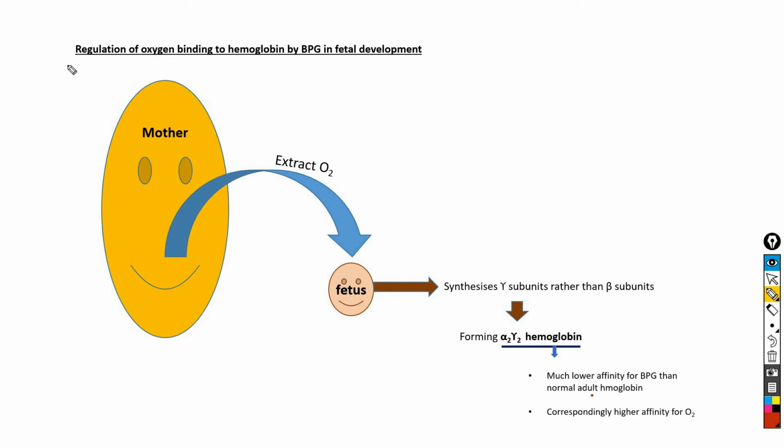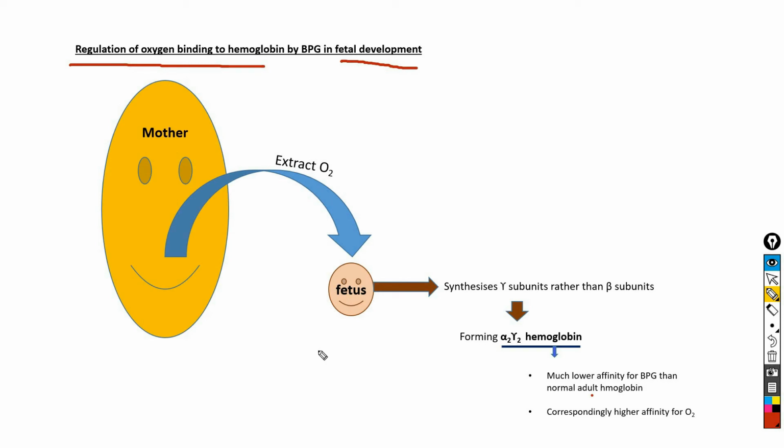BPG also plays an important role in regulation of oxygen binding to hemoglobin in fetal development, because a fetus must extract oxygen from its mother's blood. So to extract the oxygen from its mother's blood, fetal hemoglobin must have greater affinity than the maternal hemoglobin for oxygen.